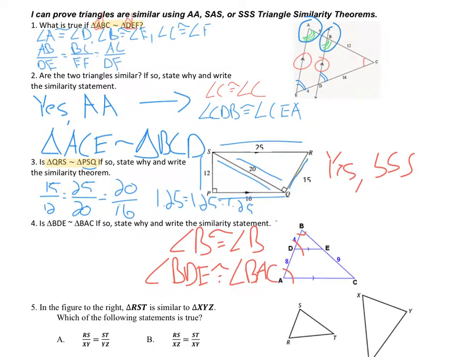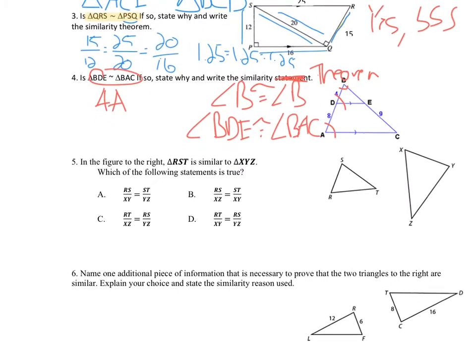So that tells us angle, similarity. They asked for a similarity statement. That should say theorem, because we already have the similarity statement right there that we could use. All right, so that one again is yes by angle.